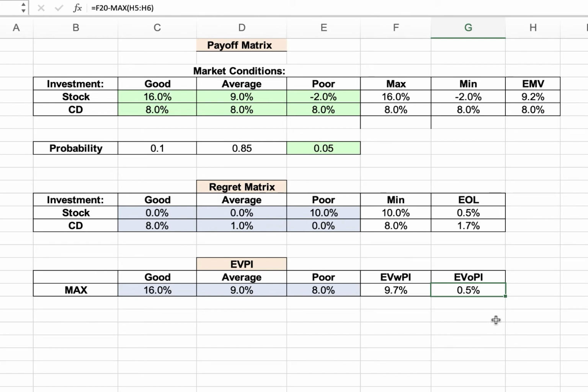So going from 9.2 to perfect, we can only improve the performance by 0.5%. If we were investing $30,000, the maximum financial benefit of information, or EVPI, would be $150.